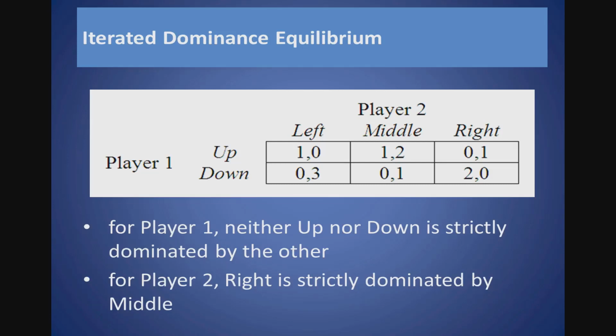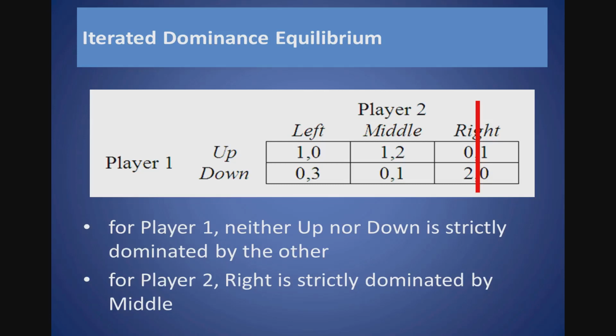Play a strictly dominated strategy. So we know that player 2 would never ever choose to play right, because he could always do better by choosing middle. So we know he won't ever do that. So we could remove that as a viable option, as a potential option for player 2.